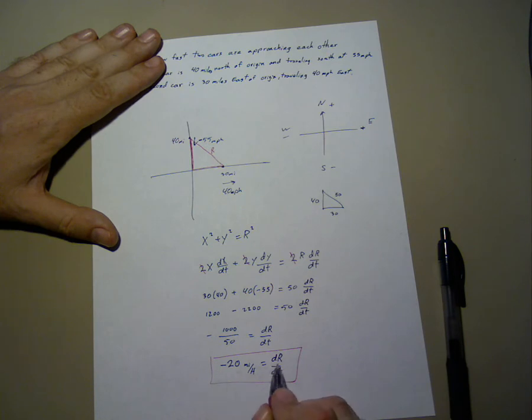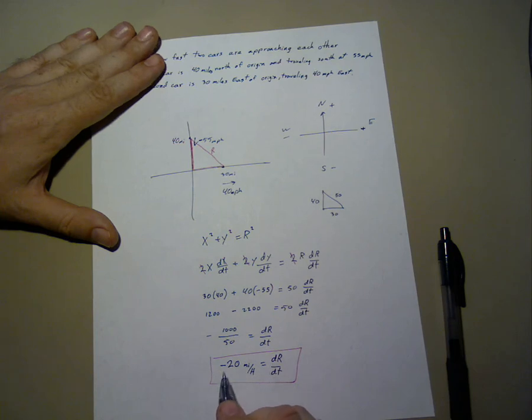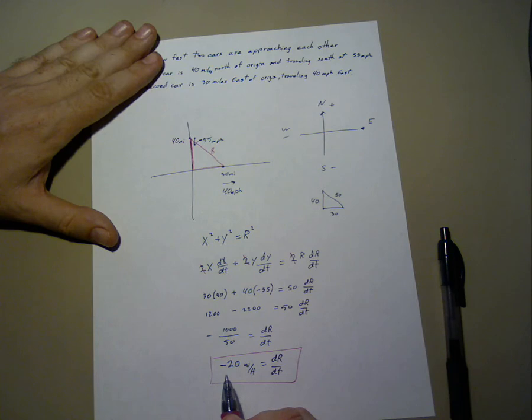If we had a positive dr/dt, it would mean that the cars were getting a greater radius between themselves. They would be going away from each other. A negative derivative means that the quantity is decreasing. And since r is not going to be a negative number, that must mean that the distance between them is getting smaller. The cars are approaching each other at 20 miles per hour.